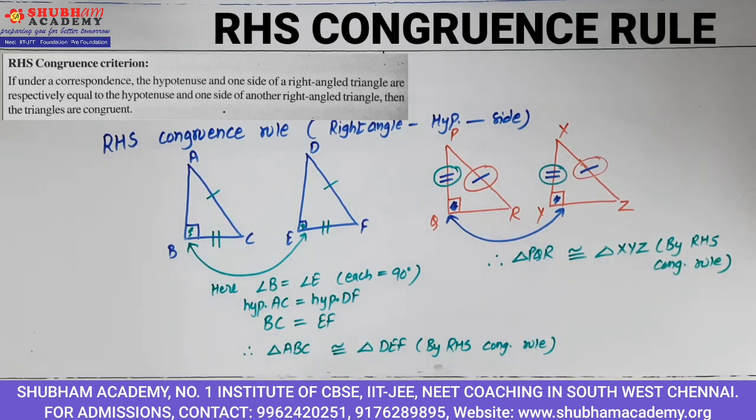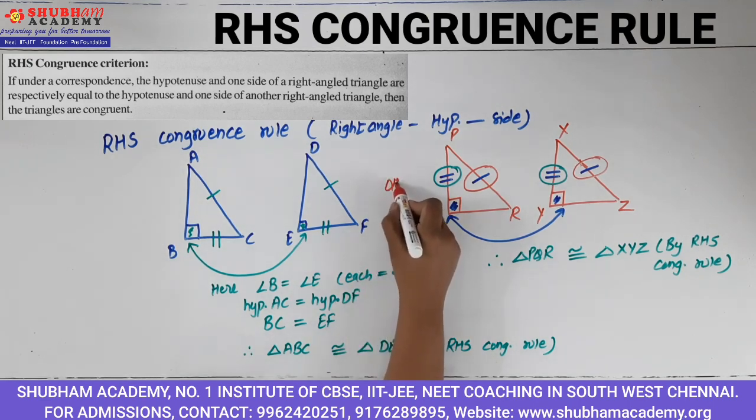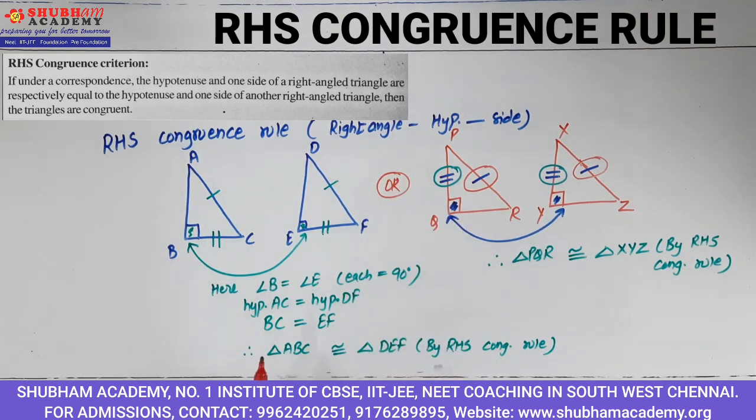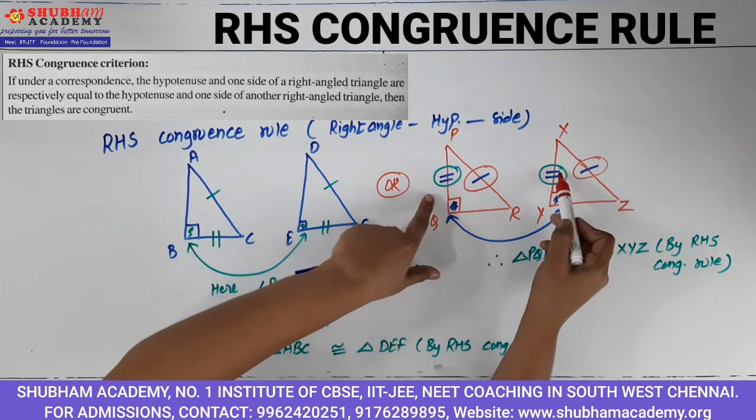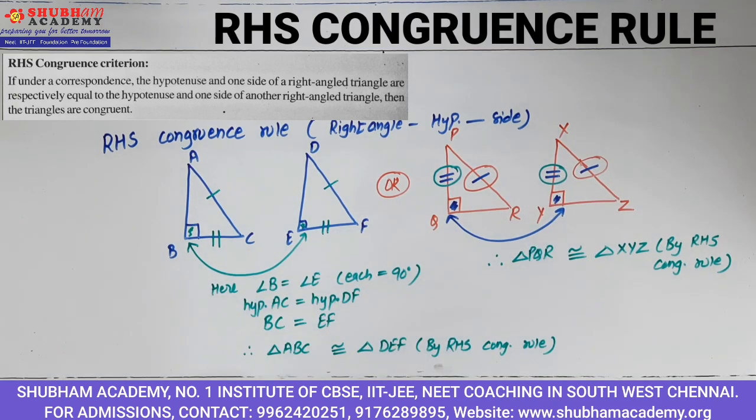So these are the two possibilities for RHS congruence rule. Because basically both the triangles under consideration should be right angled. Then hypotenuse have to be of same length. Either we can consider these two sides or these two sides.